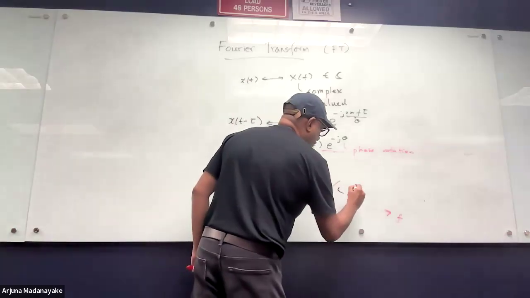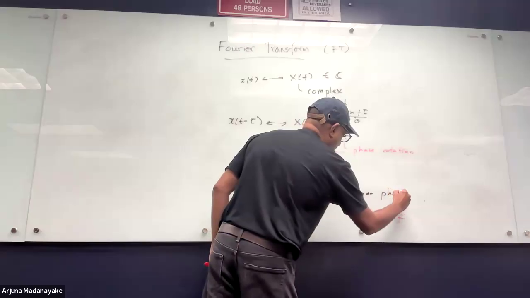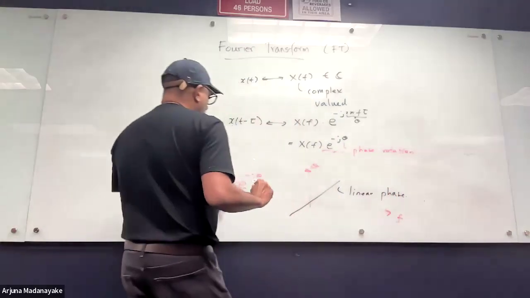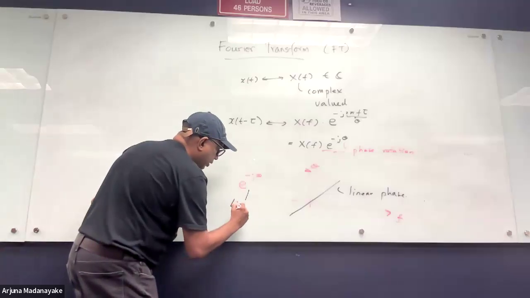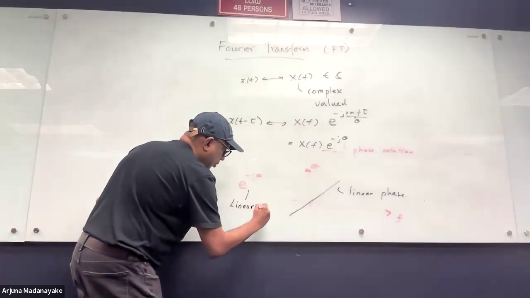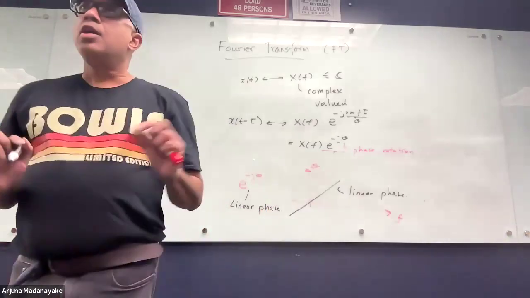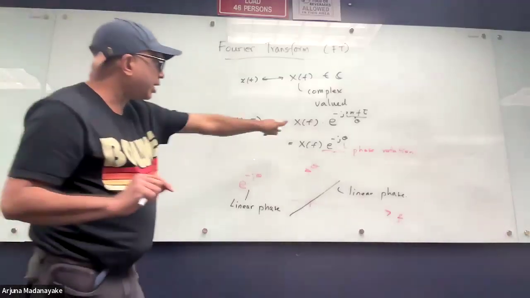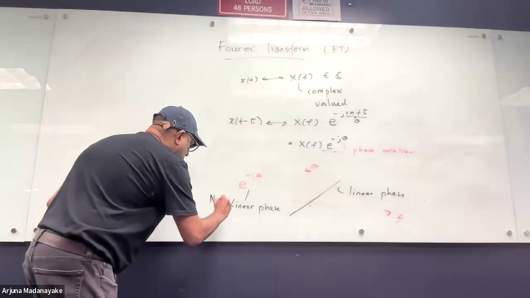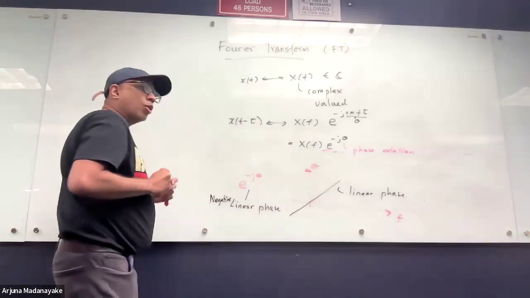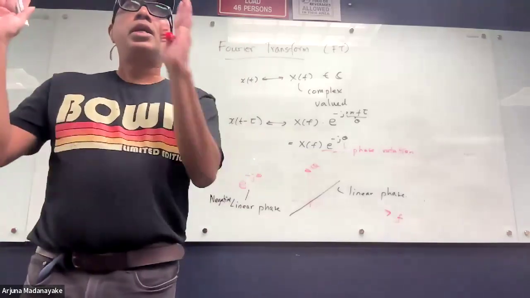So this is a linear phase relationship. Because of that, we call this a linear phase. But something very important to remember: when you delay a signal, there's a negative sign in front. So we call it a negative linear phase.